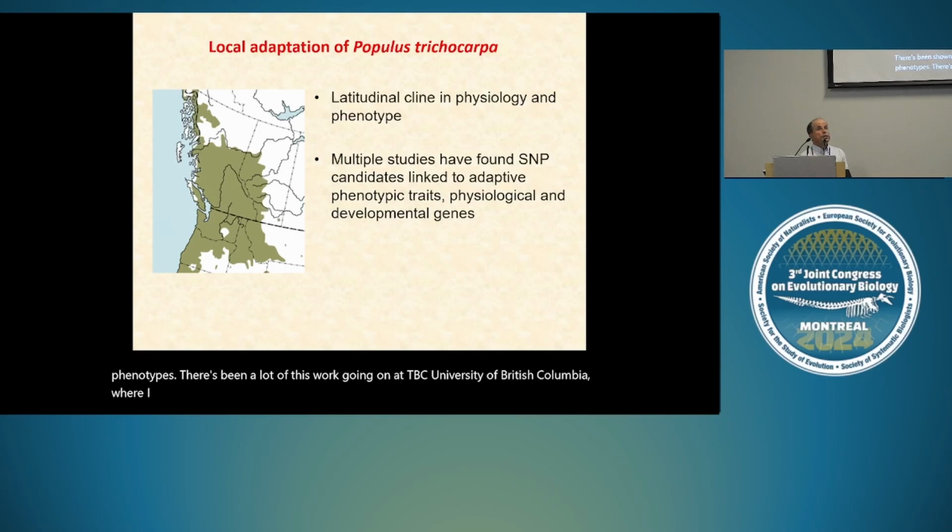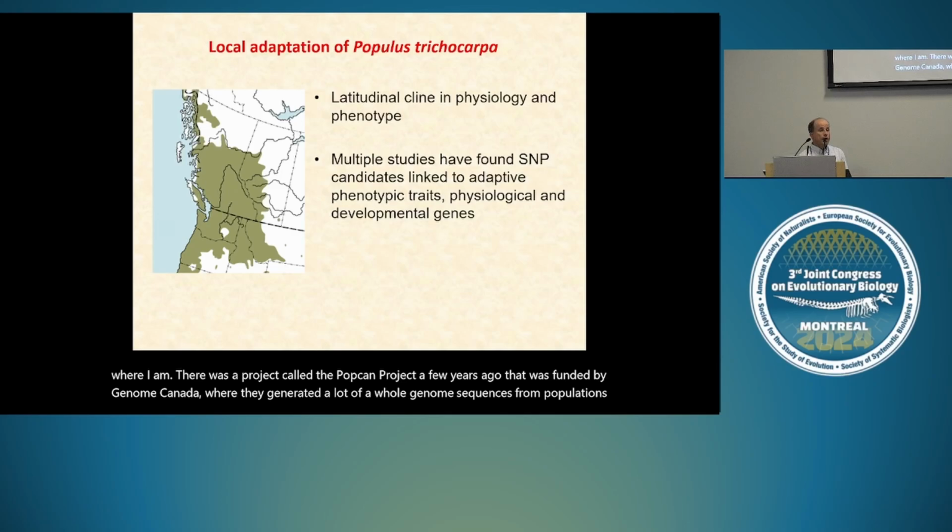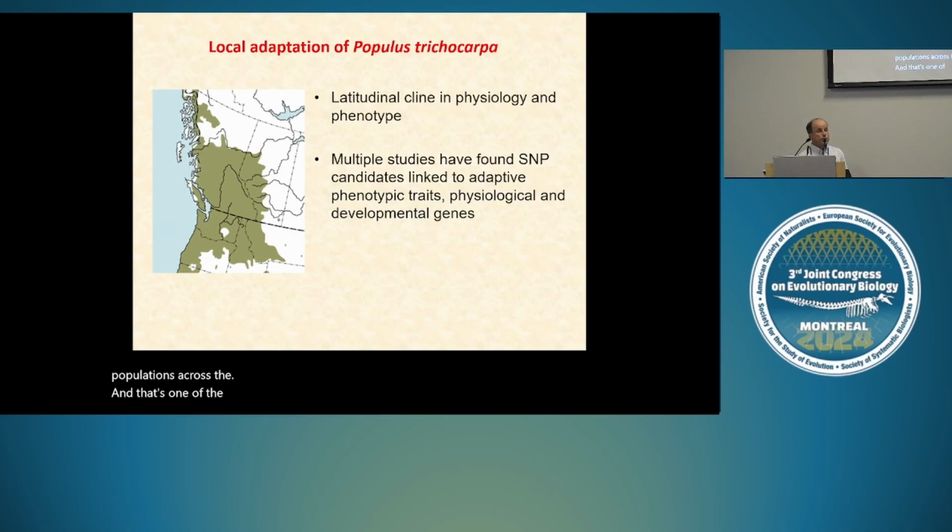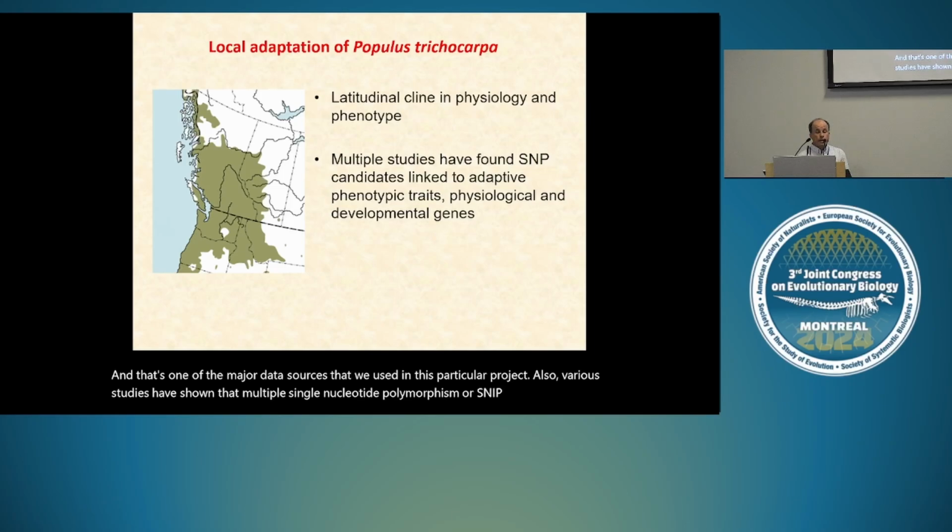There was a project called the PopCan project a few years ago that was funded by Genome Canada, where they generated a lot of whole genome sequences from populations across the range, and that's one of the major data sources that we used in this particular project. Also, various studies have shown that multiple single nucleotide polymorphism, or SNP candidates, are linked to adaptive phenotypic traits, as well as physiological traits and also developmental genes.